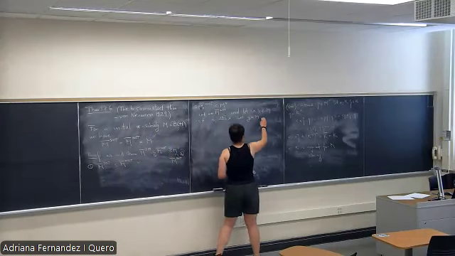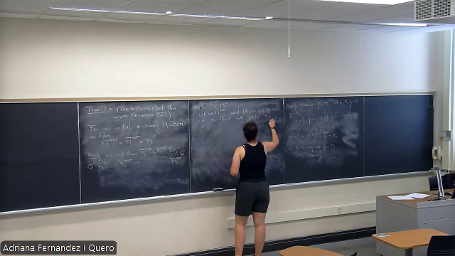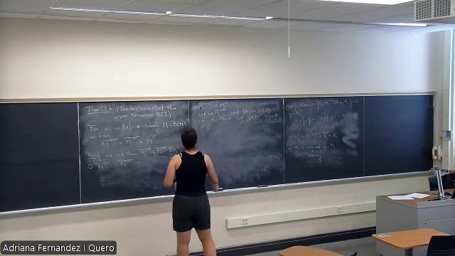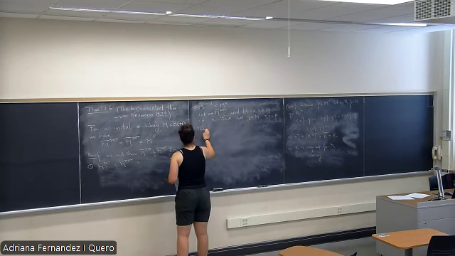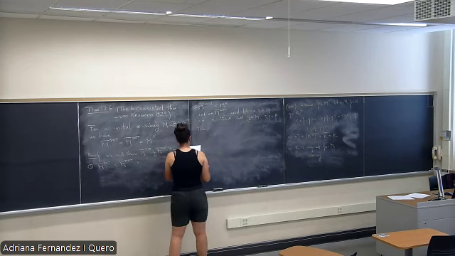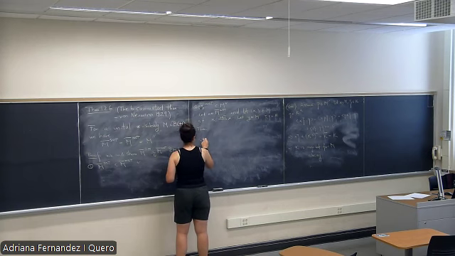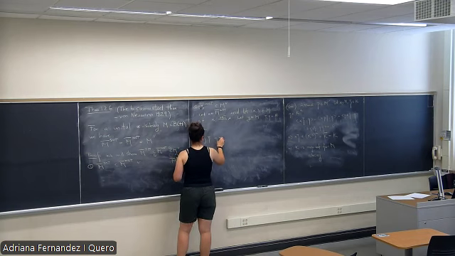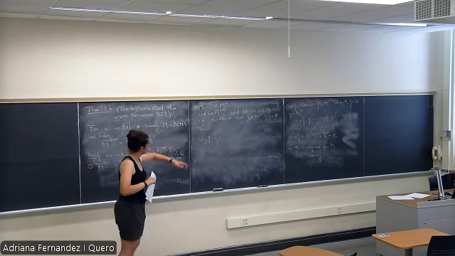Okay. So take psi and eta in H. Then what do we have? We have xy applied to psi, comma eta. So what we want to do is the following.